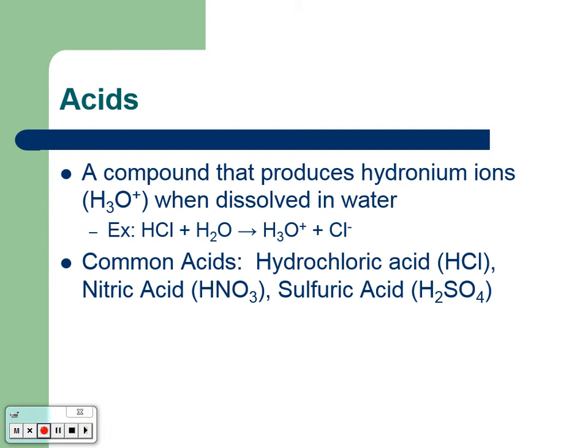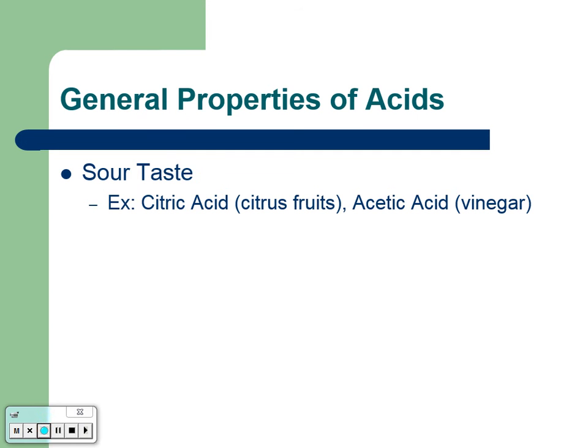So, how do we know something is an acid? How do we know that this is happening? Well, when we dissolve these substances in water and we make this hydronium ion, certain properties develop. First, acids generally have a sour taste. Now, tasting something is not the best way, or should not be the initial test, for whether something is an acid or not.